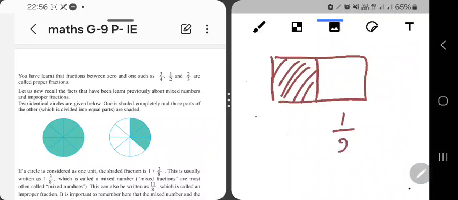It's 1 out of 2. 2 equal sections are there, and out of those 2, 1 is shaded, and that's how you indicate the fraction, right? So let's move on to understanding mixed numbers and improper fractions. You'll come across this terminology in mathematics, and in geometry sometimes. So let's understand that as well.